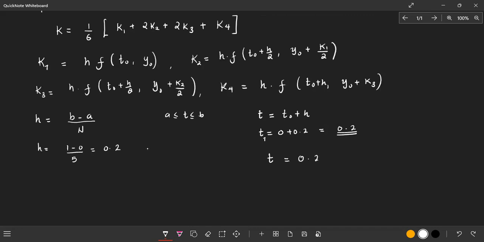Then with that step size of 0.2, we have to do 3 iterations because we have to move 3 times to reach 0.6. So we're going to have t1, which is 0.2, then t2, which should be 0.4, and then the last one, t3, will be equal to 0.6. Then we'll have stopped at that point.